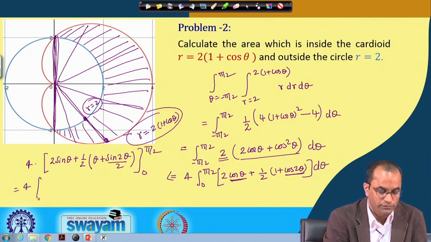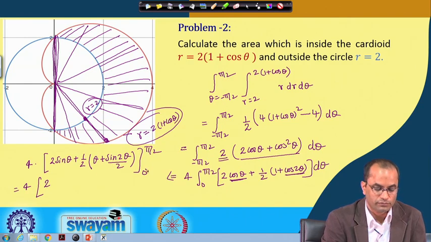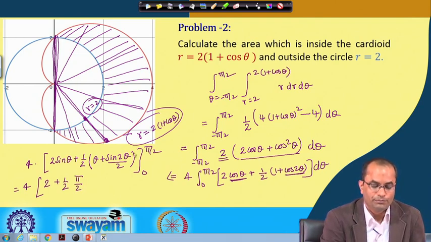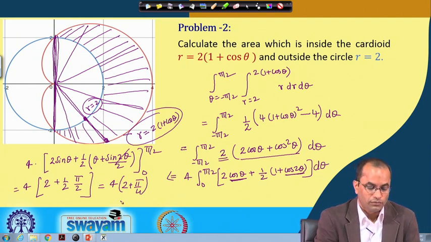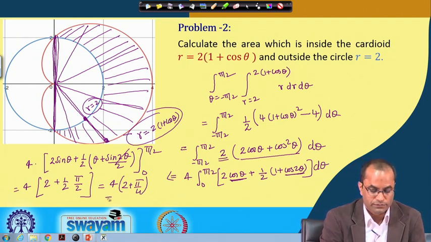So this is 4 times 2, and sin pi by 2 will be 1, sin 0 will be 0. Half theta will give us pi by 2, and then sin pi minus sin 0 is 0, so in either case this will be 0 when we put the limit. So we have 4 times 2 plus pi by 4, or pi plus 8.